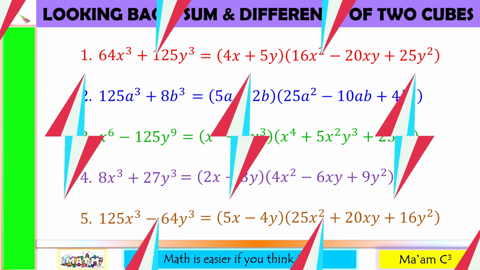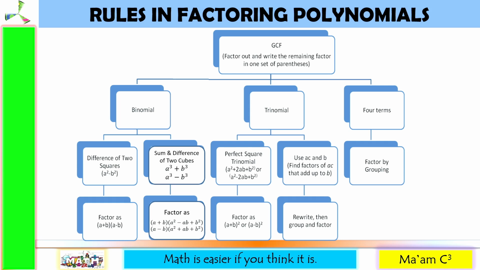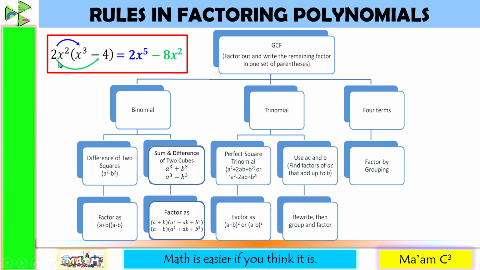Once again, let us take a look at our concept map in factoring polynomials. By this time, you already know that the first thing to do is to determine if there is a greatest common factor. In this example, this one here is the GCF, while this one is the remaining factor. We are done discussing if the remaining factor is a binomial.